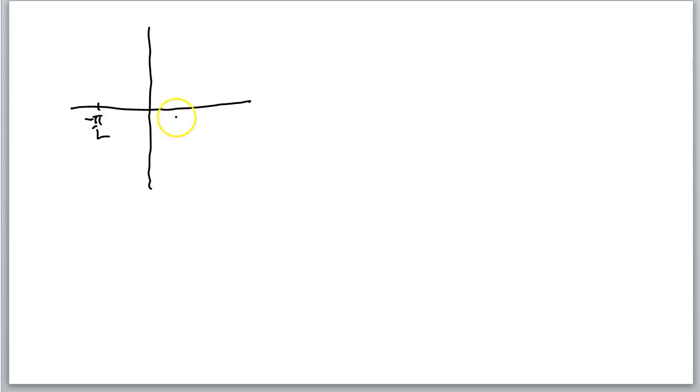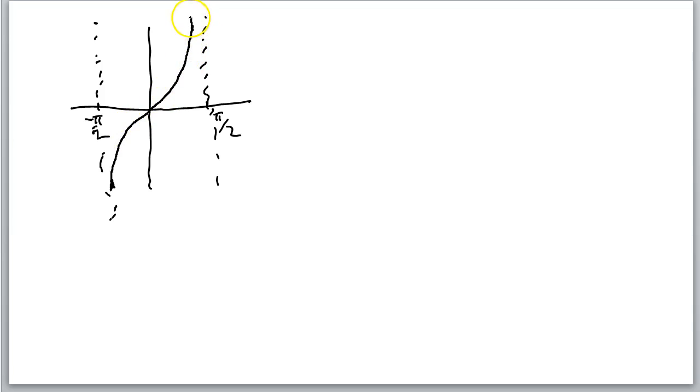The graph of the tangent has infinitely many vertical asymptotes, but it has vertical asymptotes at negative pi over 2 and pi over 2. And the graph itself looks rather like y equal to x cubed, but in detail it's a lot different. This is the tangent x graph.